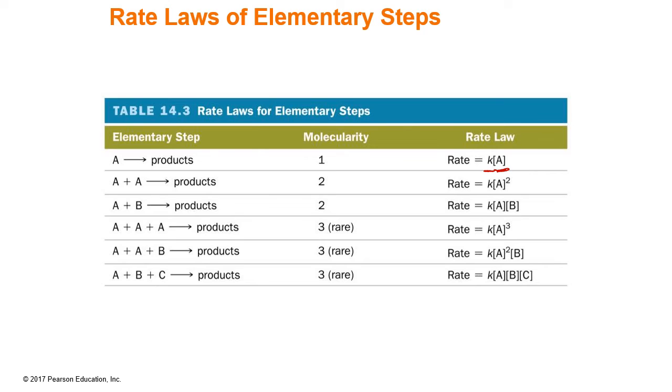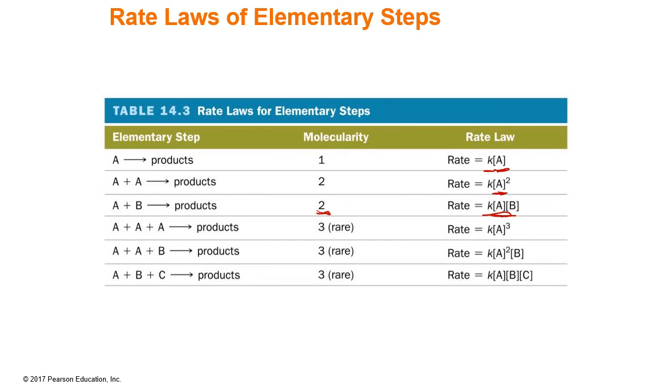Our rate law is second order with respect to that reactant because there are 2 of the atoms involved. If it is 2 different reactants, it still has a molecularity of 2, but now our rate is first order with respect to each reactant.